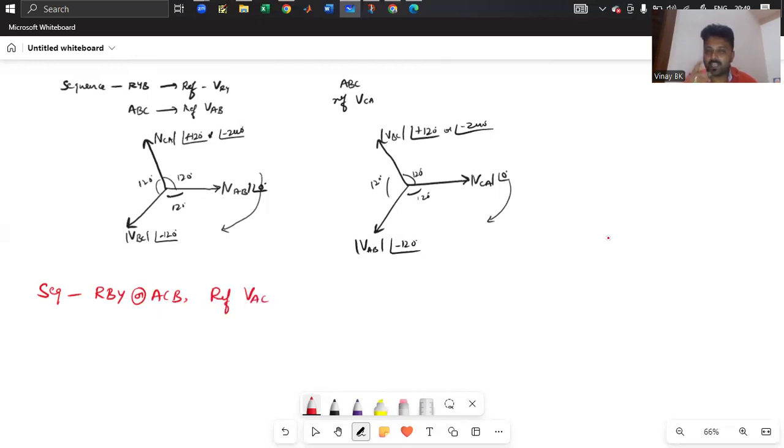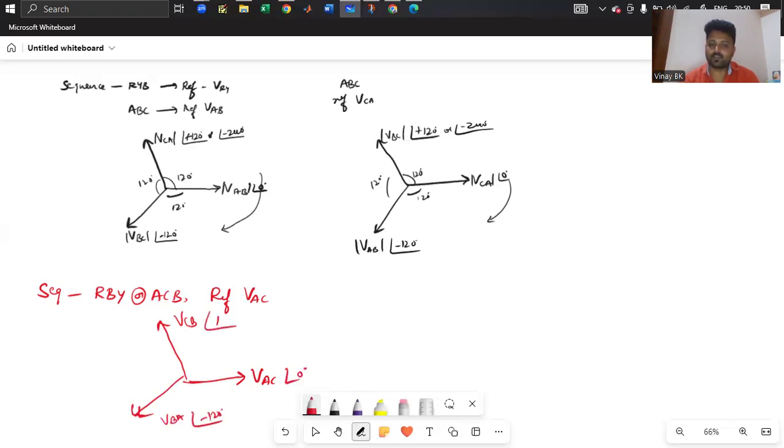In that case, you start to write the line voltages in anti-clockwise. So how are we writing? VAC or VCA, both are same. VAC, negative sequence, ACB means after VAC, here you need to write VCB, then here you need to write VBA. This is at an angle of 0 degree, at an angle of minus 120 degree, at an angle of plus 120 degree.